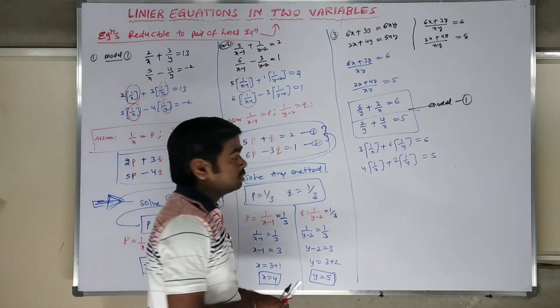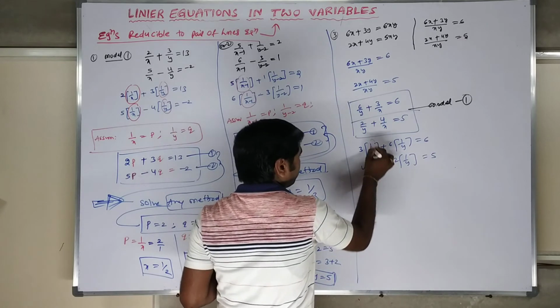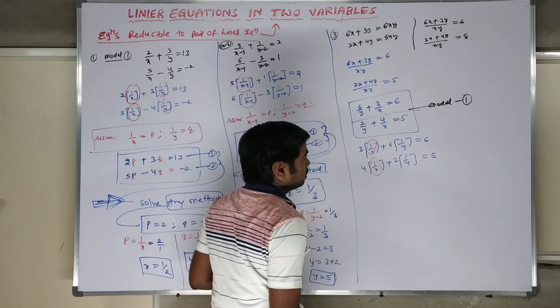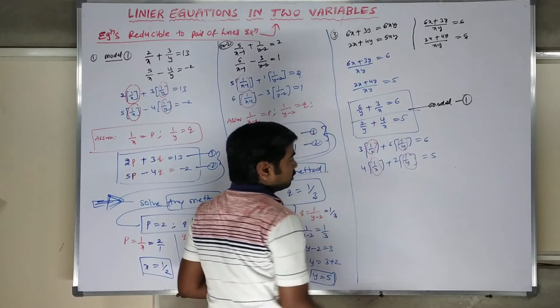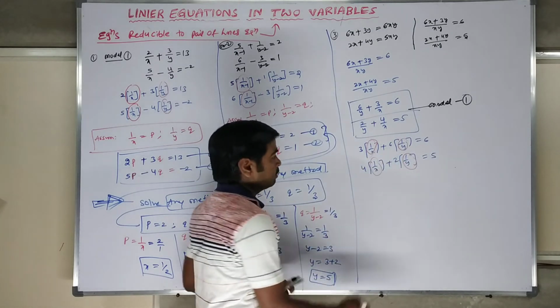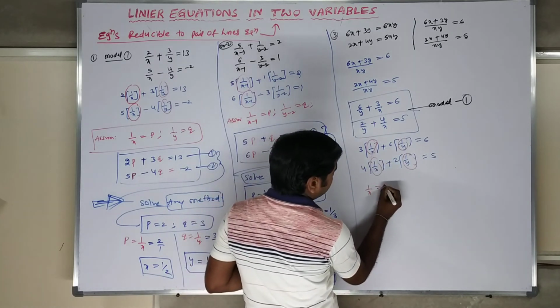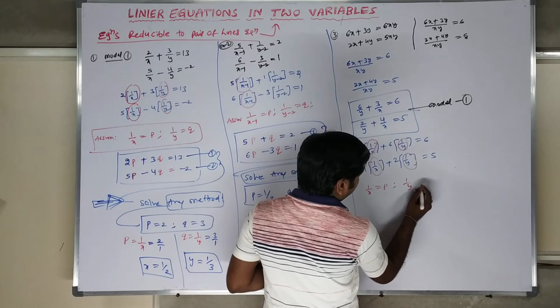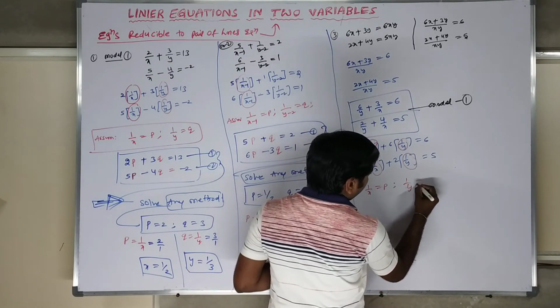What is the common portion here? Same like the model: 1 by x is constant, 1 by y is the same. So assumption: 1 by x is equal to p, 1 by y is equal to q.